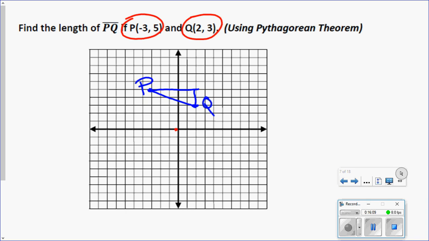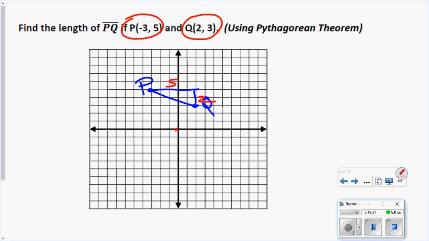Did you use the distance formula in Algebra 1? I think you probably did, and maybe you didn't know where it came from. But this triangle has one leg that's 5, and the other leg is 2.